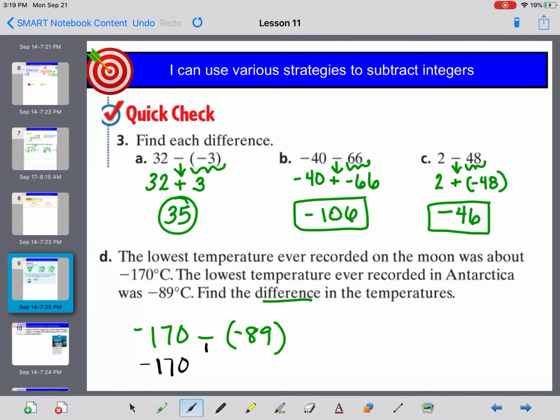Negative 170, change this to addition, and make this its opposite. Negative 170 plus 89. I need to subtract the two numbers, and I get 81, and then give it the sign of the bigger absolute value. In this case, negative 170, so it's 81 degrees lower.